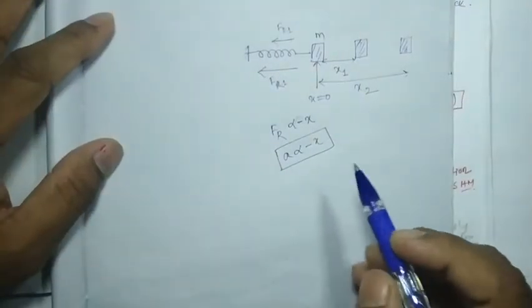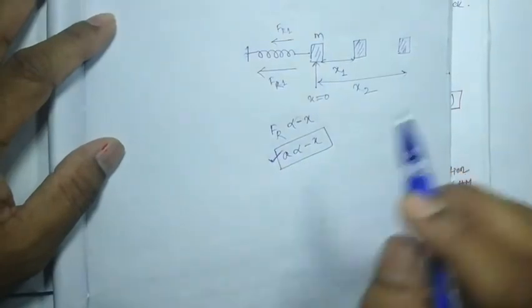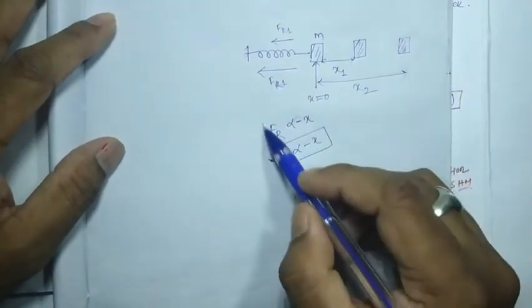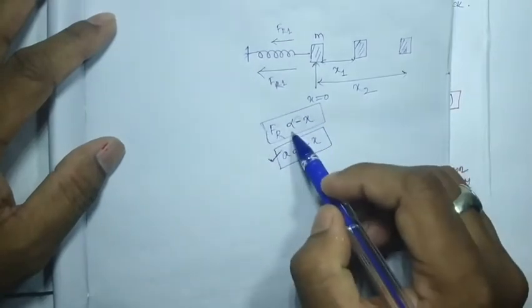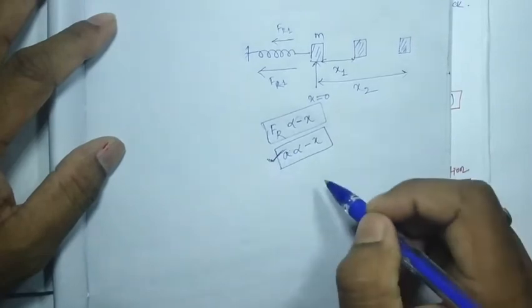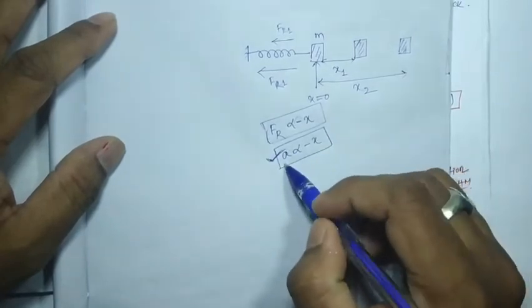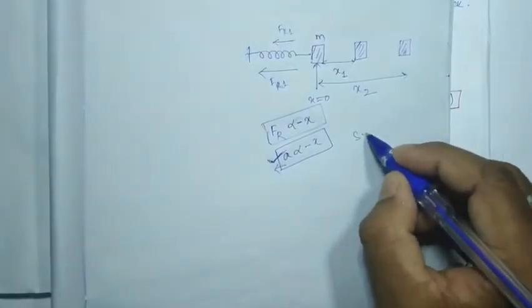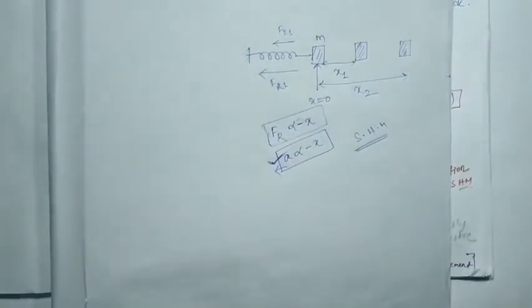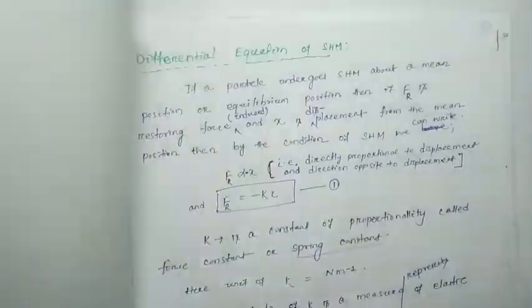We discussed in our last class that the restoring force is always opposite to the displacement and proportional to the displacement, and also acceleration is proportional to the displacement and opposite to it in the case of simple harmonic motion.